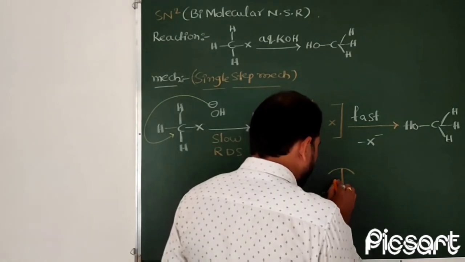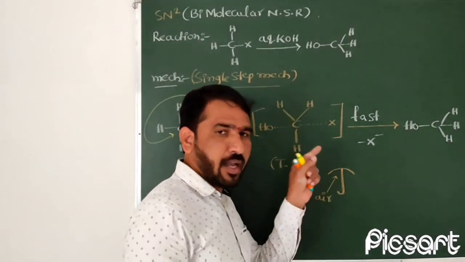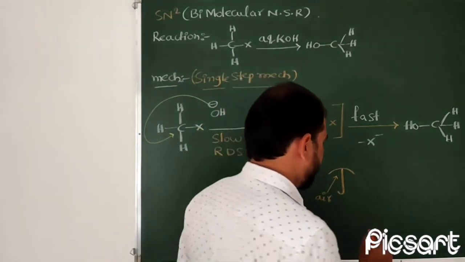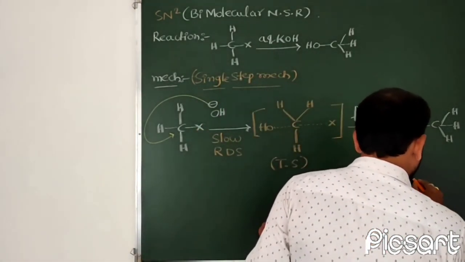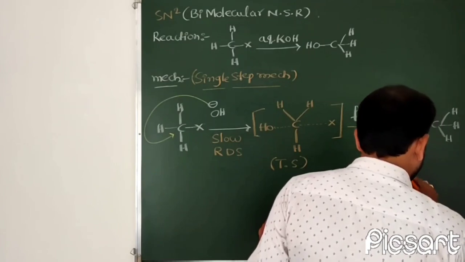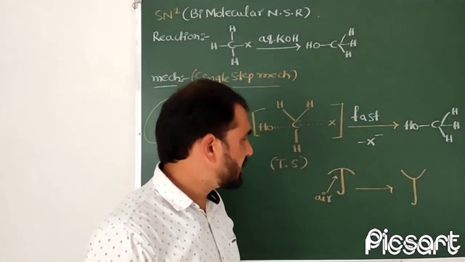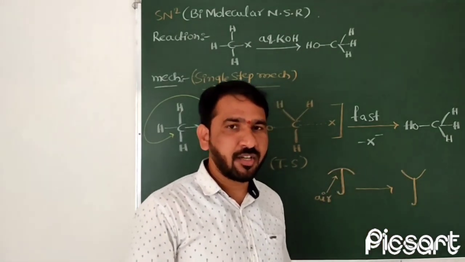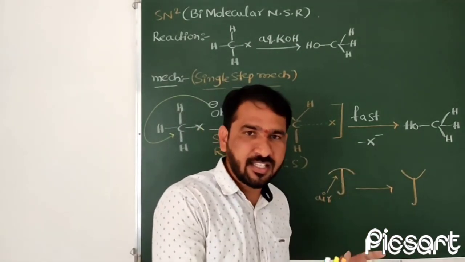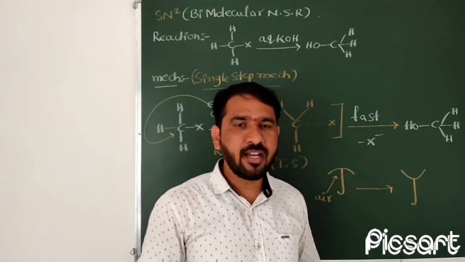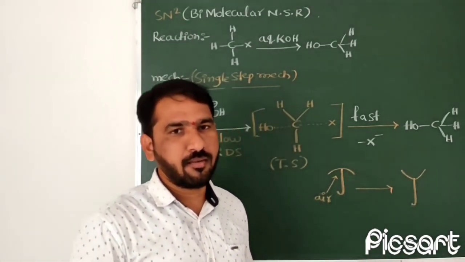By air force, the cap of the umbrella gets inverted, to the opposite side. Then later it will be arranged like this. This is the diagrammatical explanation by Walden. That's why this phenomenon is called the Walden inversion phenomenon.